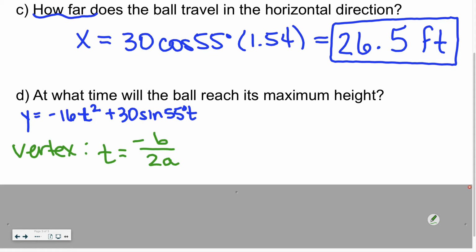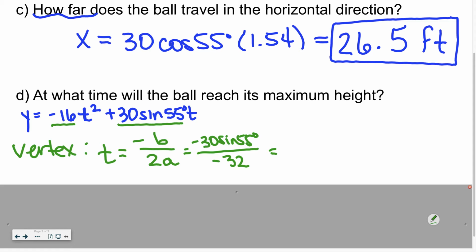This is going to be your most reliable way of getting the vertex. Now, b is always this coefficient, and a is this coefficient. So please calculate for me negative 30 sine of 55 divided by negative 16.